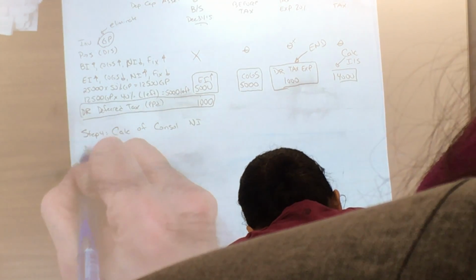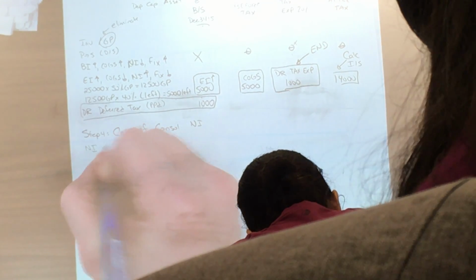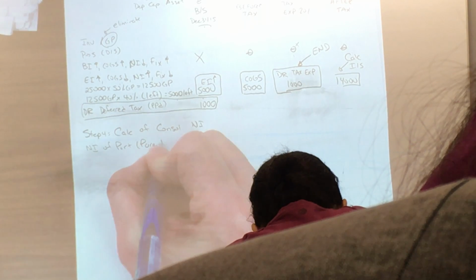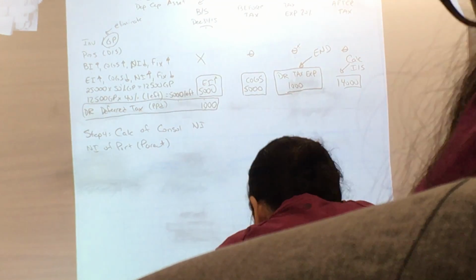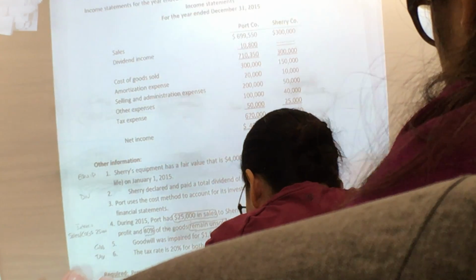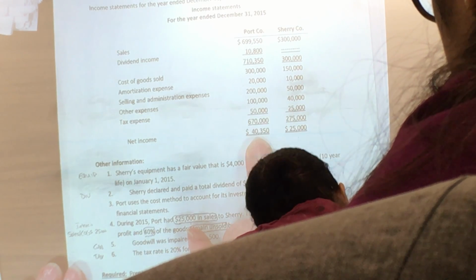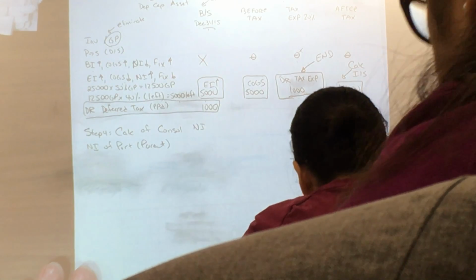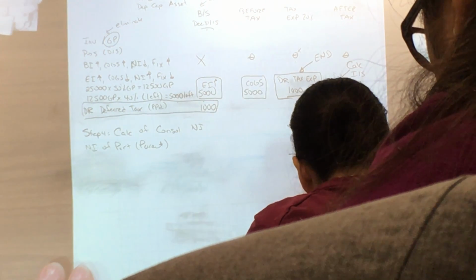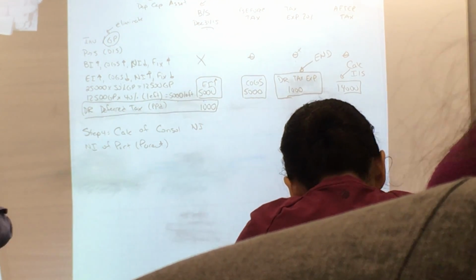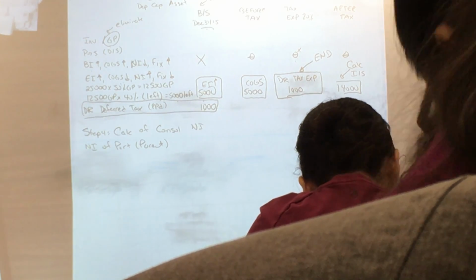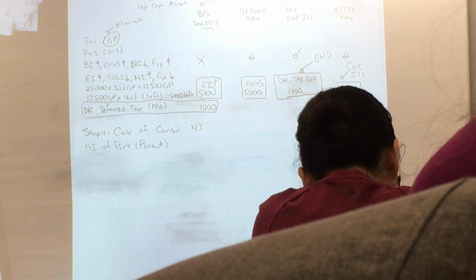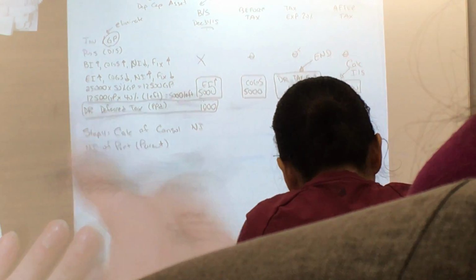So we're gonna start the same way, net income of Port, who's our parent, and that was $40,350. Is that right? Making sure I'm looking at the right line. Okay, $40,350. What was wrong with this net income? It includes what? The dividends. So we have to get rid of the dividends.